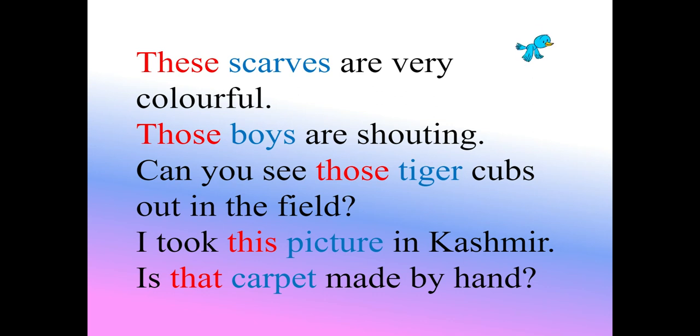The demonstrative adjectives are this, that, these, those. They tell us whether an object is near us or far away from us, from the speaker. Children, I'm talking about from the speaker.